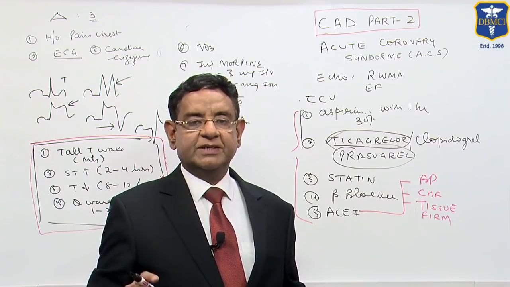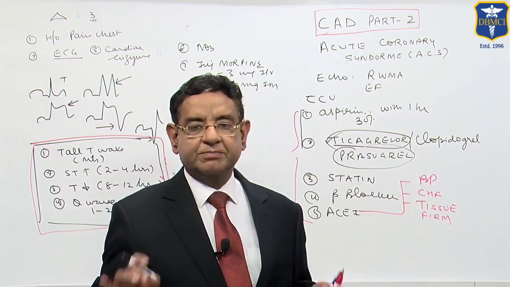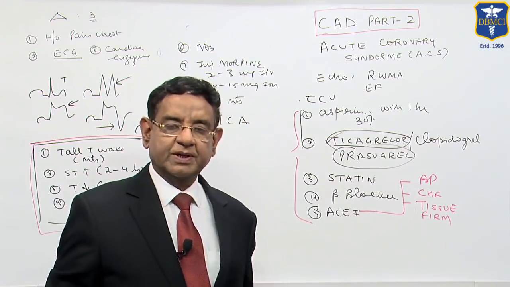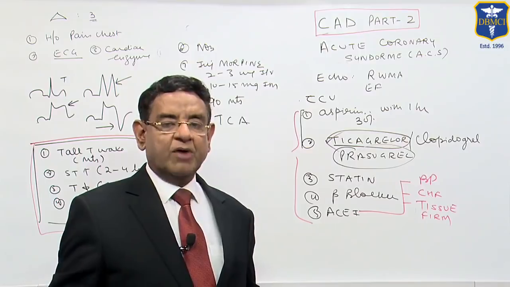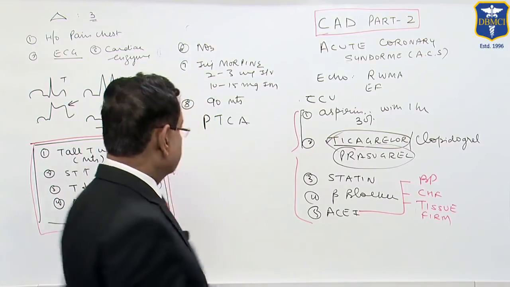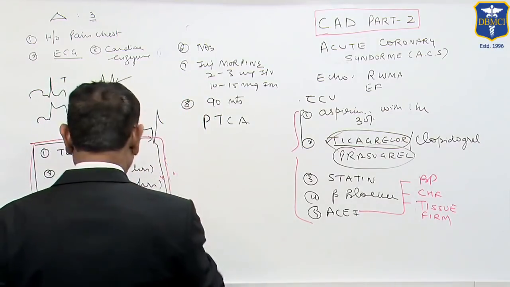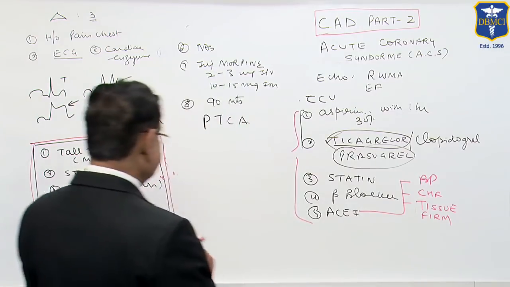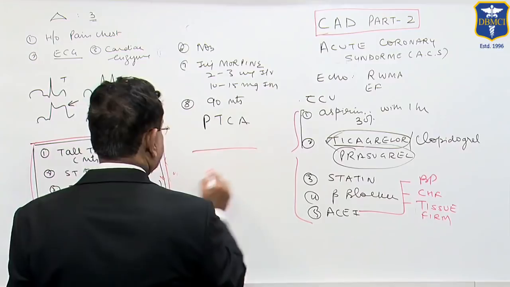It is the next best step after the drug therapy. Now how is it done? Well, as I told you, we do the angiography. We have done the angiography and you locate the plaque.